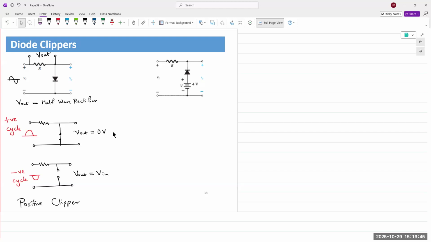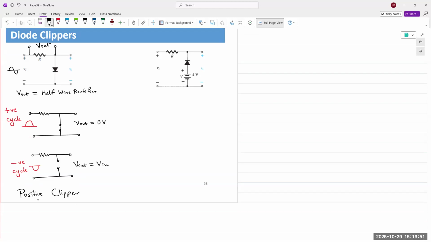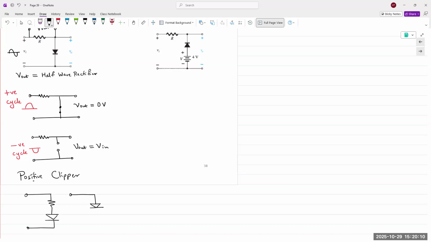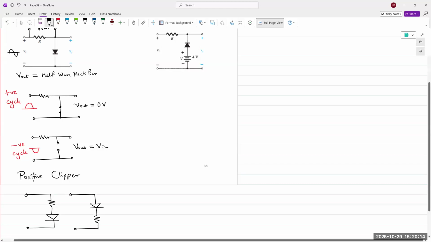No, it's a series connection, it will still be the same. So the half-wave rectifier or this clipper circuit, what we are talking about is this. This was the half-wave rectifier circuit, and we took the output across the resistor here.